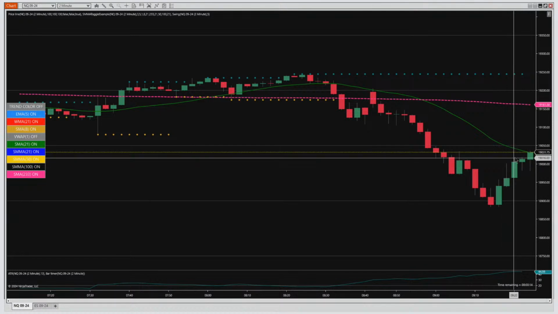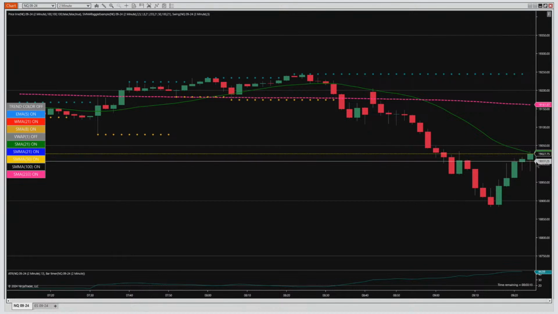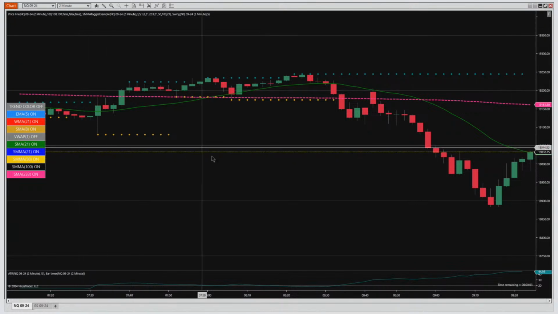Nope, it is going up. So once it bounces from here and gives me a red candle, I will think of taking short trades on the 15-minute chart.